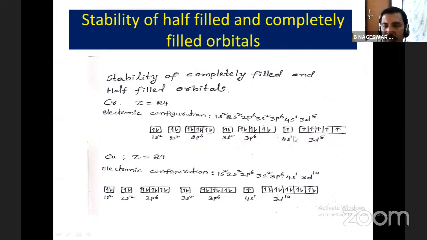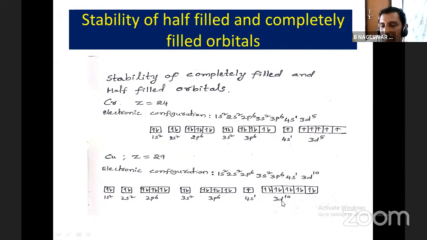Suppose we are filling 4s2, 3d4. Then what happens, children? The chromium atom is not stable. That is why one electron enters the 3d orbital and gets extra stability. The same we can observe in the case of copper. Our expected electronic configuration is 1s2, 2s2, 2p6, 3s2, 3p6, 4s2, 3d9 actually.